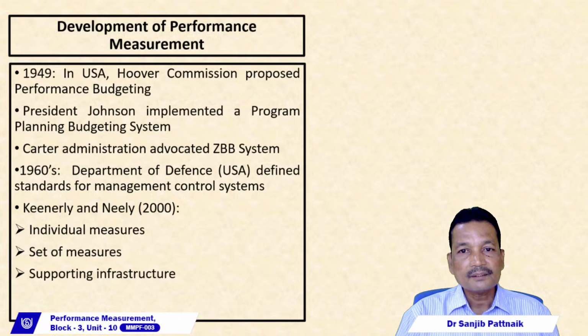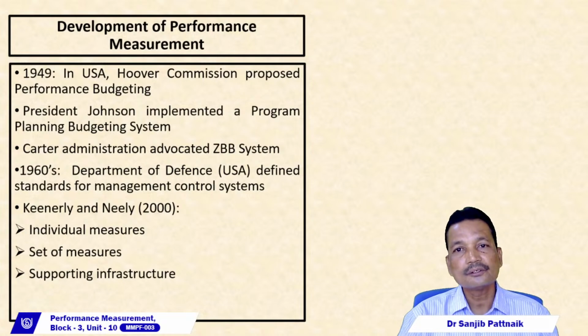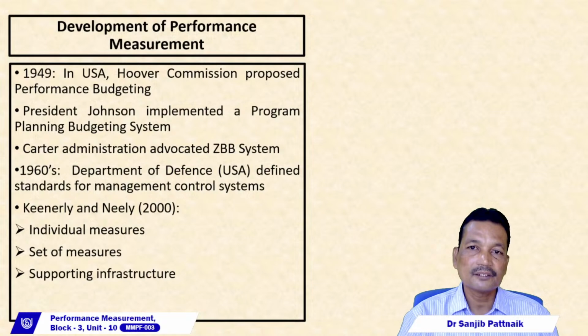Now, performance measurement, as a terminology, as a set of indicators or as a body of knowledge which will help to control the organization's strategy and goals, has developed over the years.